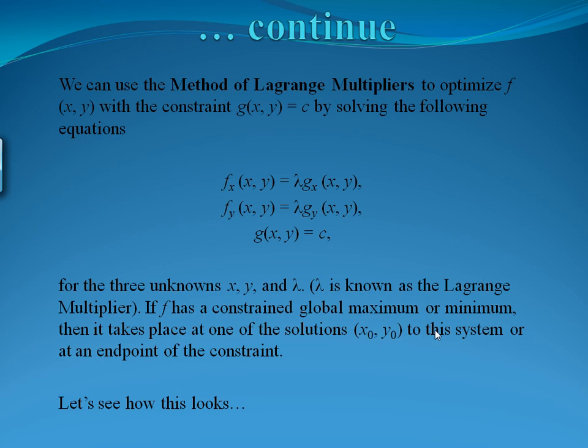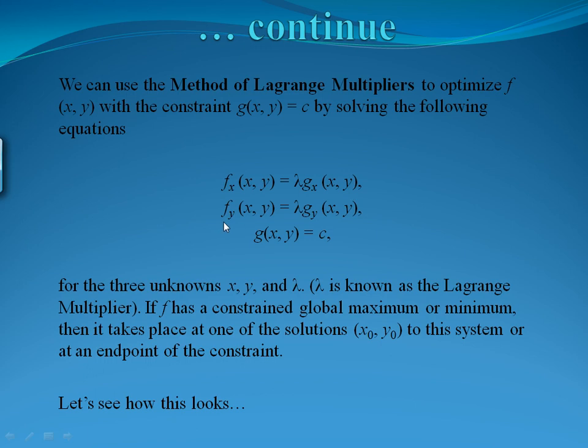Okay, so the method of Lagrange multipliers is used to optimize the function within a constraint by solving the following equations. We want to take the partial derivative of f with respect to x and set that equal to lambda, this symbol here, the Lagrange multiplier, times the partial derivative with respect to x of our constraint.